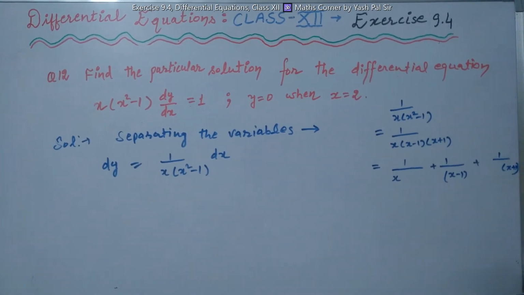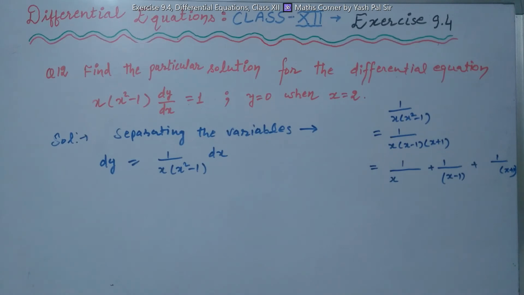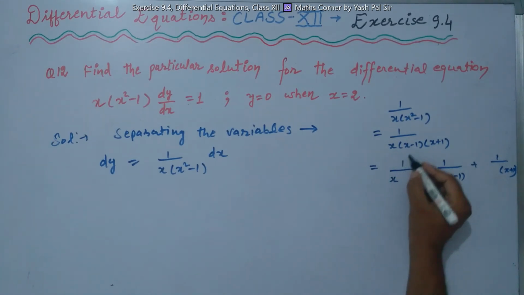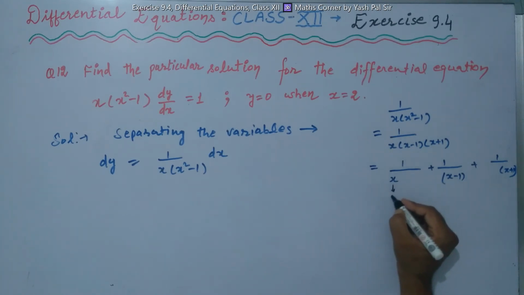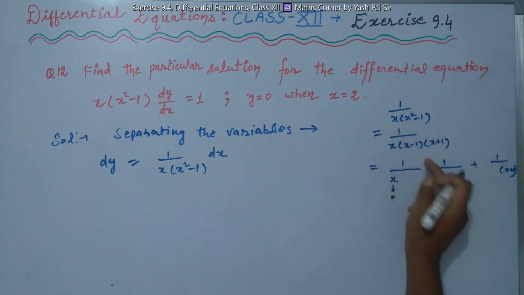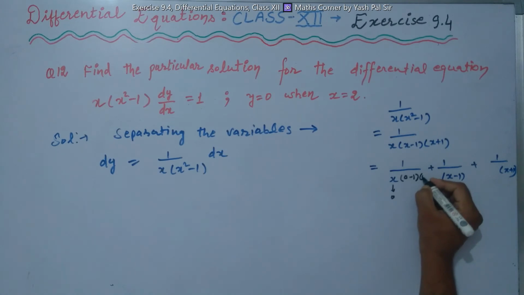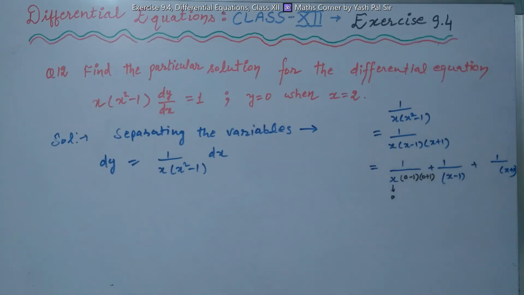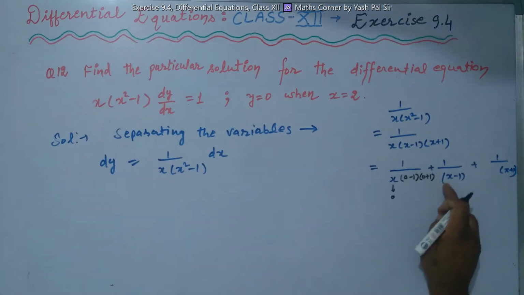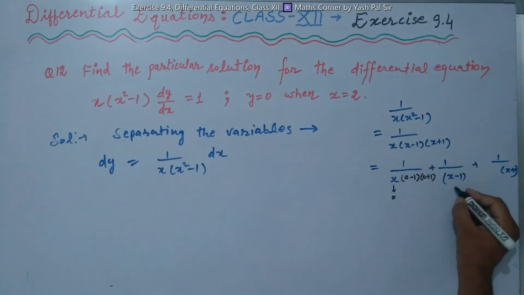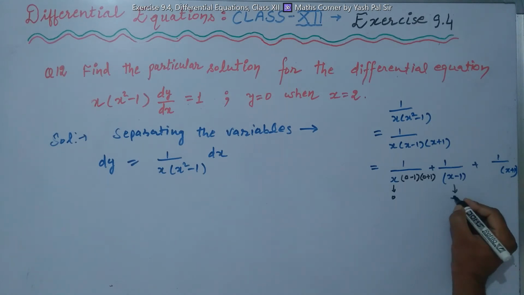So this way, first of all, when we take x, then put this equal to 0, x becomes equal to 0. In other terms, we put x equal to 0 in 0 minus 1, 0 plus 1. Second time we took x minus 1, so if we put this equal to 0, this becomes x equal to 1.